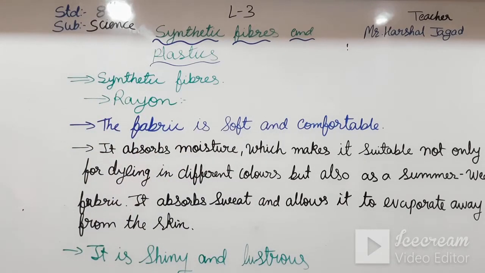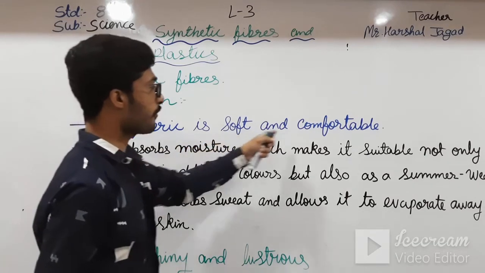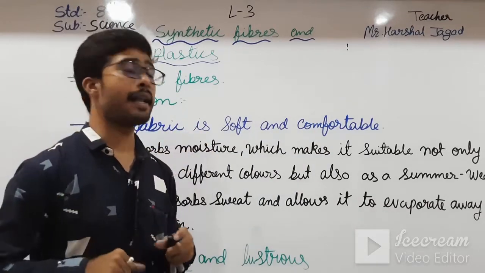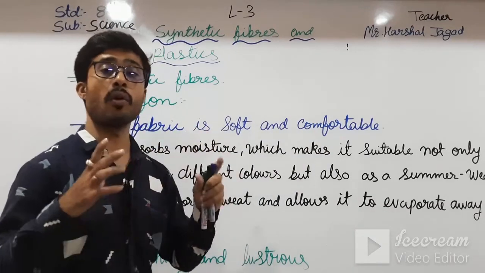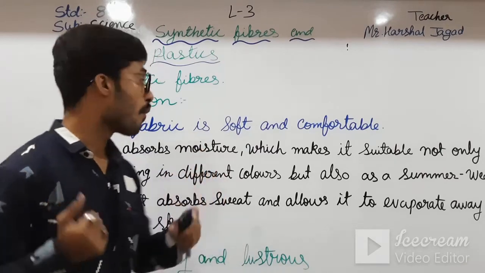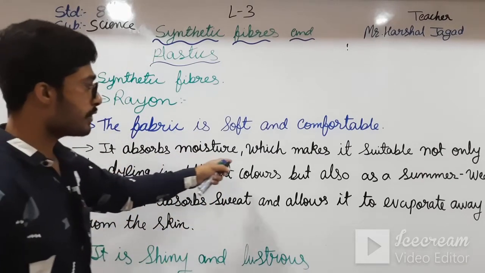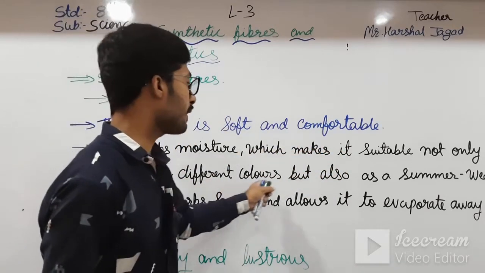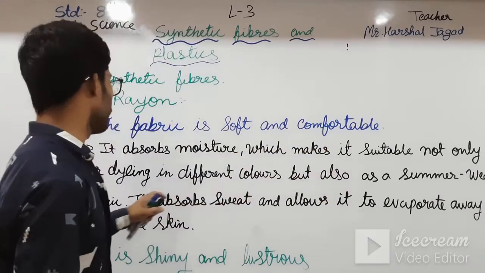See students, again reading these characteristics. The fabric is soft and comfortable, means when we wear it, it is soft and also comfortable to our body. It absorbs moisture, which makes it suitable not only for dyeing in different colors but also as a summer wear fabric.